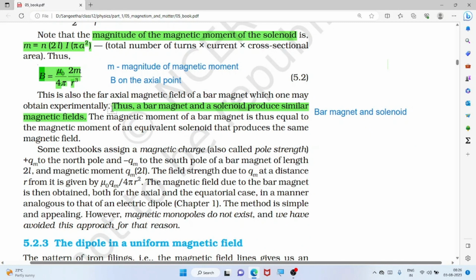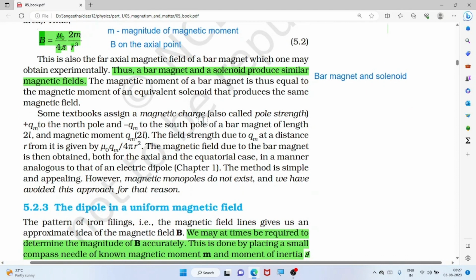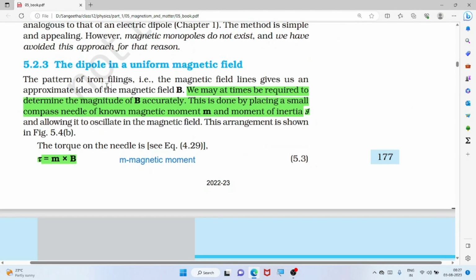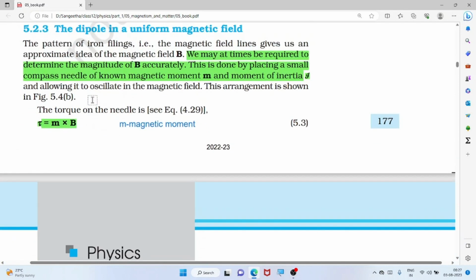Thus the bar magnet and the solenoid produce similar magnetic fields. We at times are required to determine this accurately. This is done by placing a small compass needle of known magnetic moment and moment of inertia.